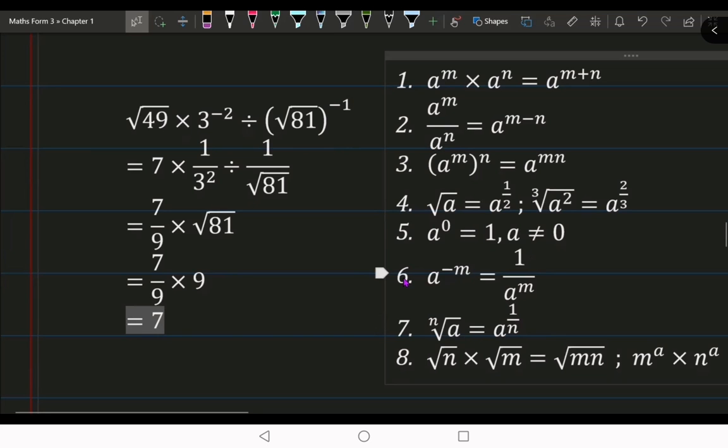That is what the question means here. We get this one.